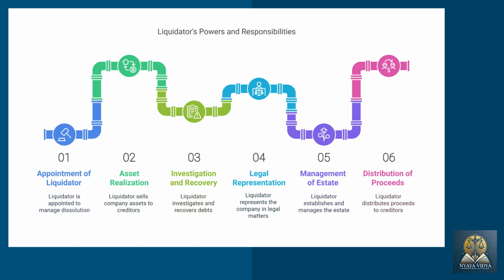The liquidator can distribute the proceeds from sold assets to the creditors. Like I mentioned in the third step, the liquidator can investigate, right? During the investigation, if he finds any property, he can arrange an auction, and the money received in that auction can be distributed to all the creditors before winding up the company.